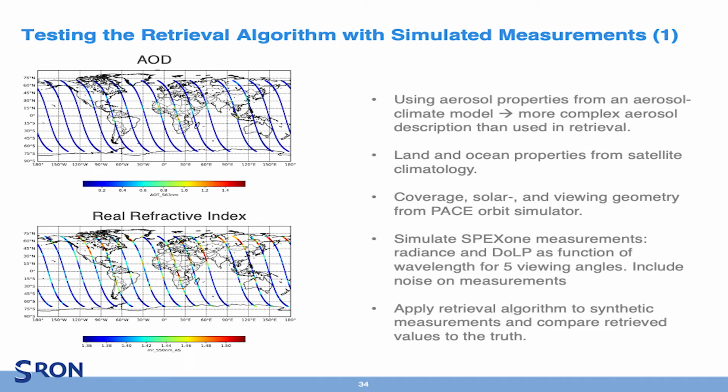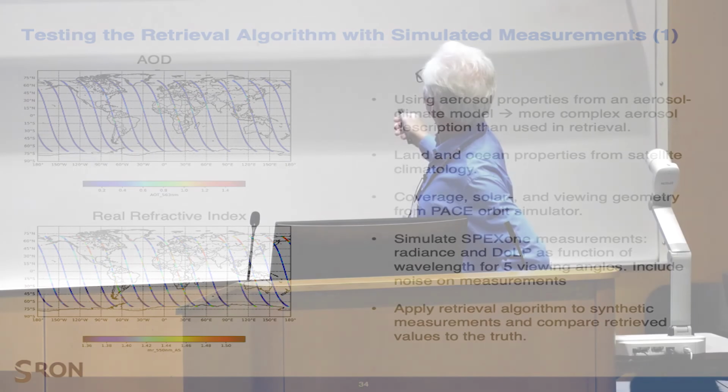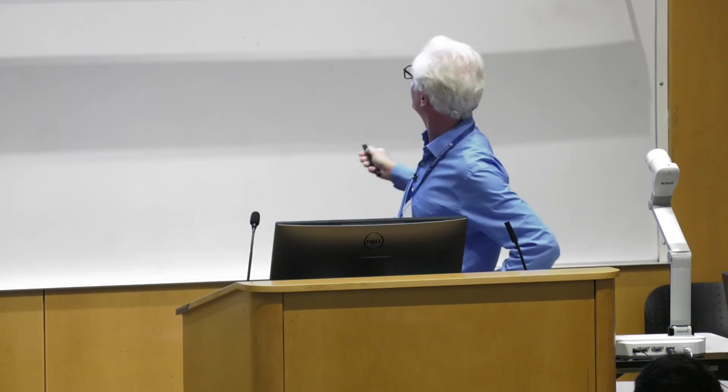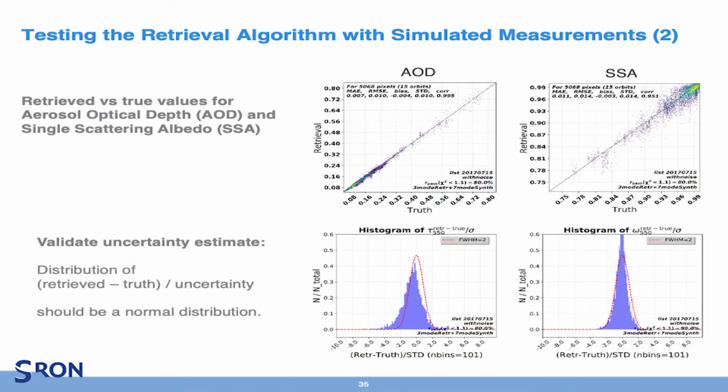So they have a small bias in the optical depth, almost no bias in the single scatter albedo, and actually they are overestimating their errors in single scatter albedo. This should be more peaked. So they're doing better than they thought they would. And then this is showing something of a bias in the effective radius, and a small bias in real refractive index. So pretty nice results from that.